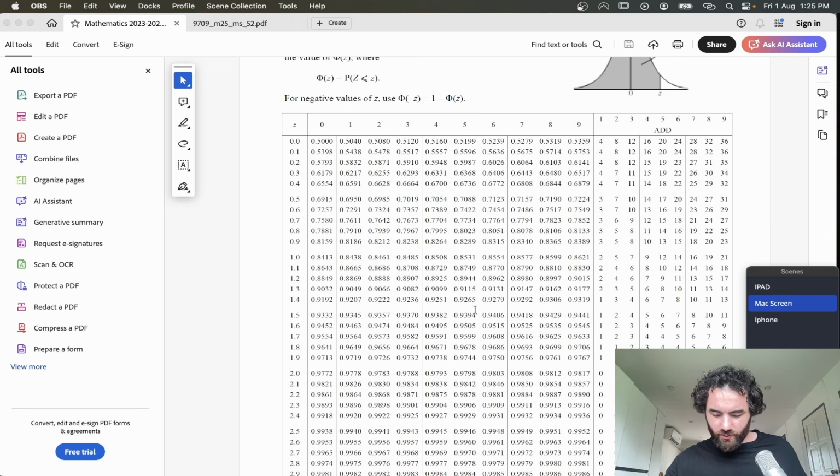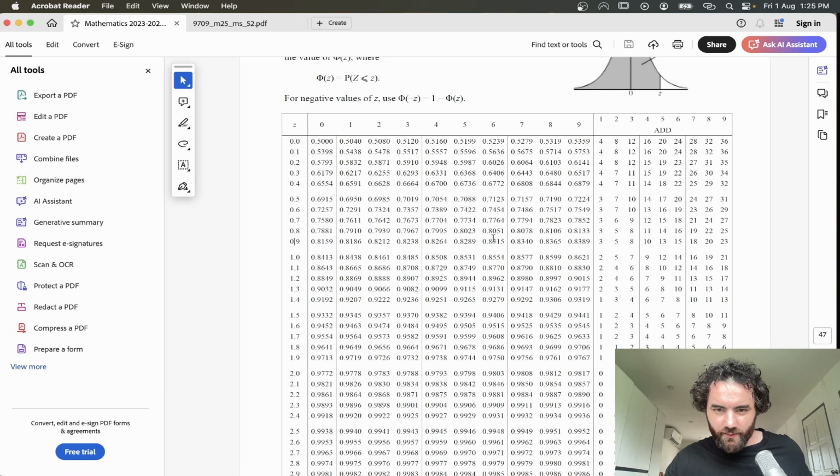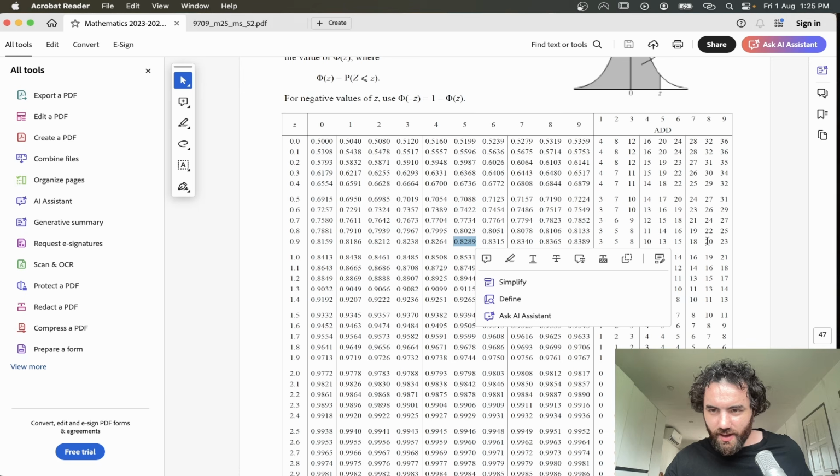Okay, so 0.958, the z value is 0.95, and we add 0.008 to this. So this first one is 0.8309.